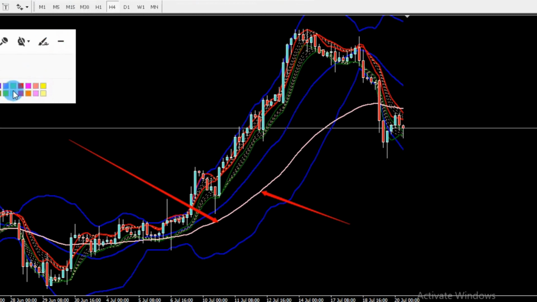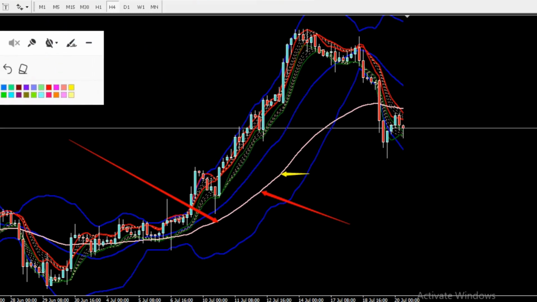In this EMA 50 we are using it for trend identification, and we have three time frames.